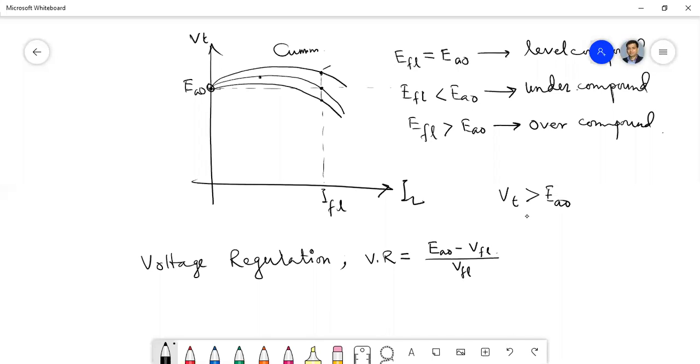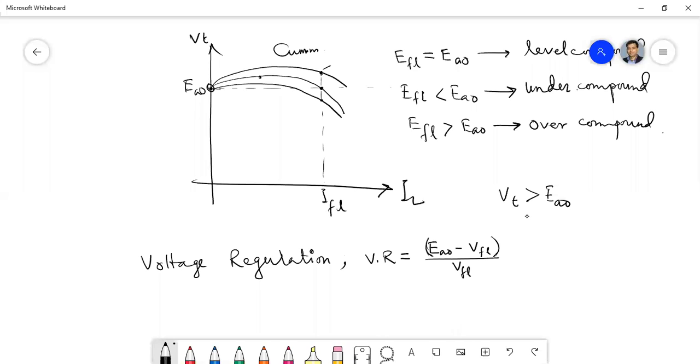Some books also mention dividing by EA0, and in some places the no load voltage. So you can take anything. But the numerator, the voltage drop, is the more important part. The denominator can be E0 or the full load voltage, depending on the reference.